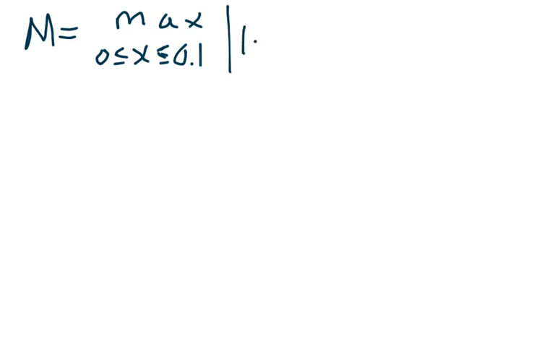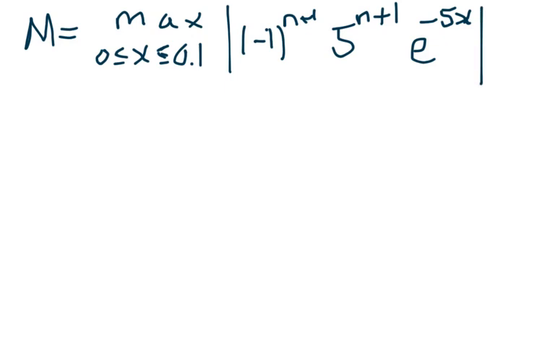Well, that's going to be the absolute value of minus 1 to the n plus 1, times 5 to the n plus 1, times e to the minus 5x, all in absolute value. Now, remember with absolute value, we can take the absolute value of each part and multiply.